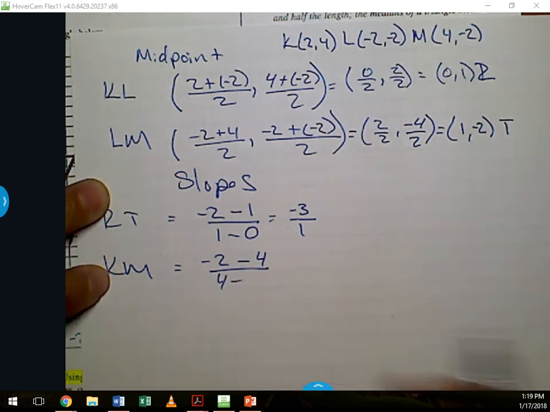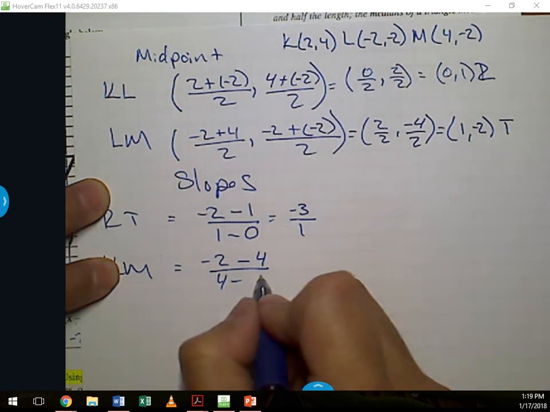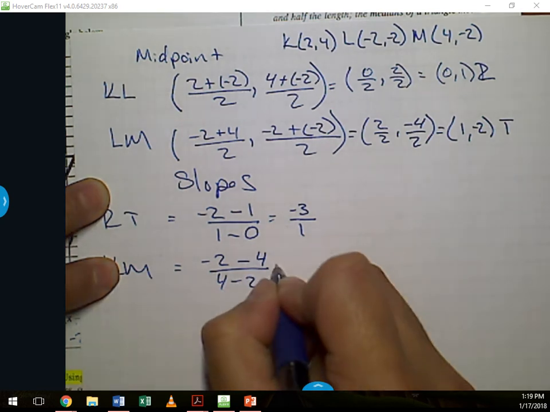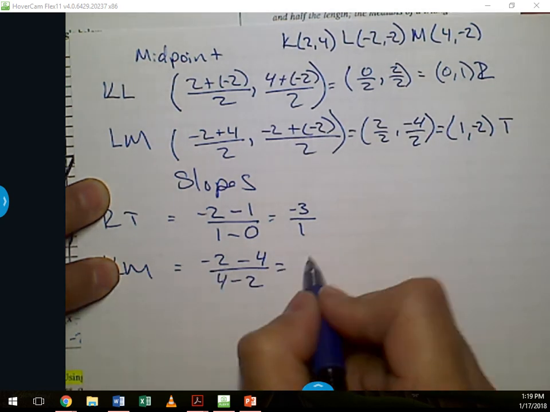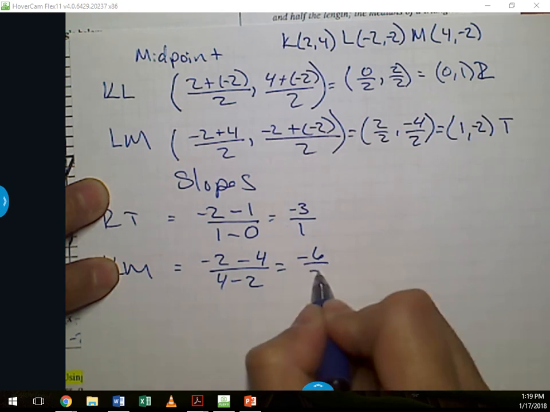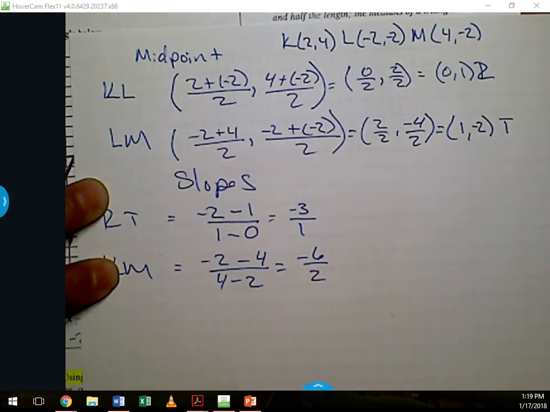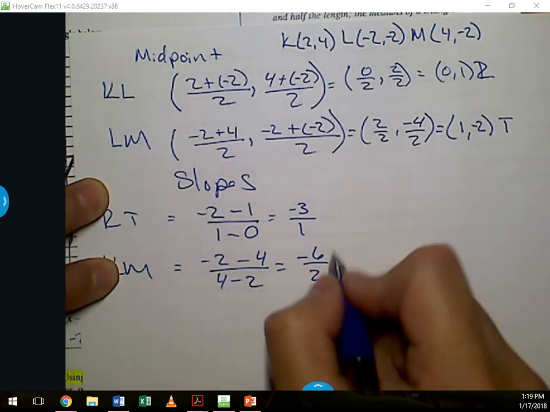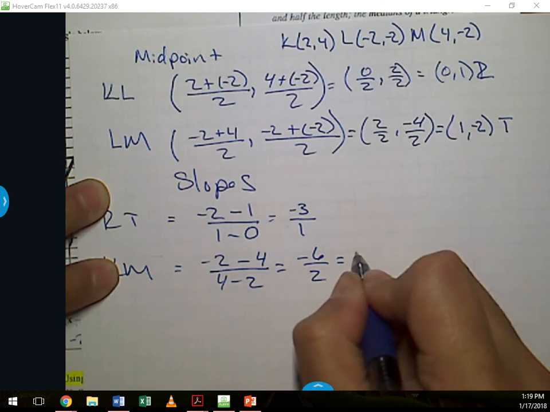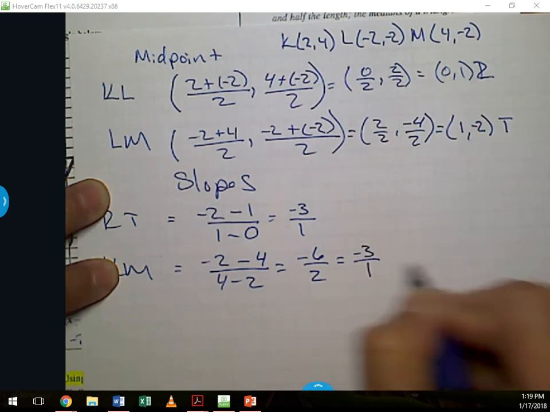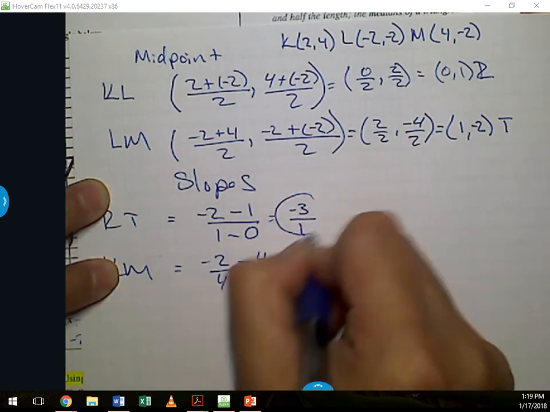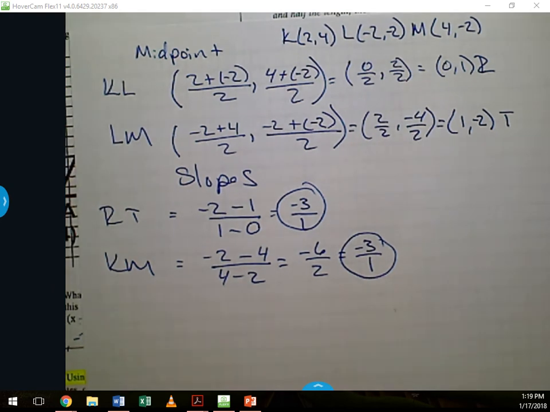Minus, what is X from my first point? Do my math, I get negative 6 over 2. Can I reduce that fraction? Yes. What does it reduce to? Negative 3 over 1. Are those the same? Yes.